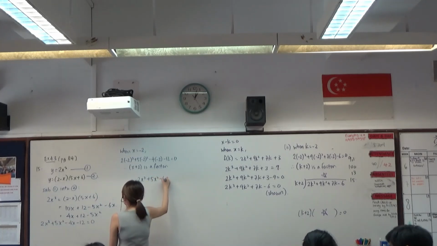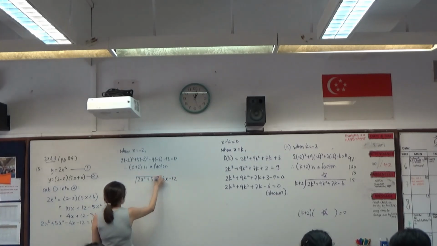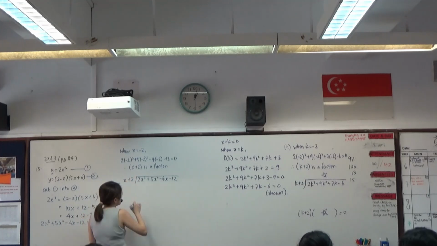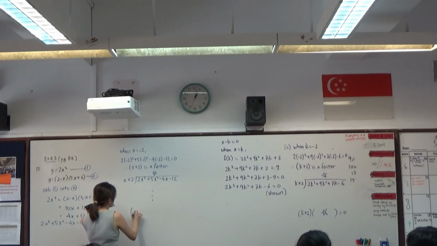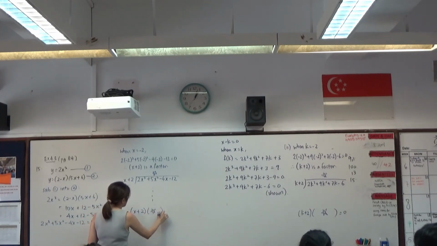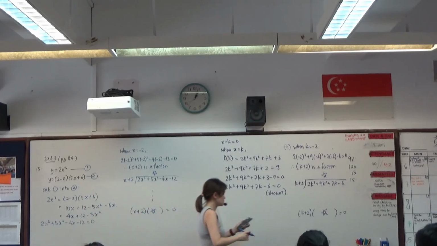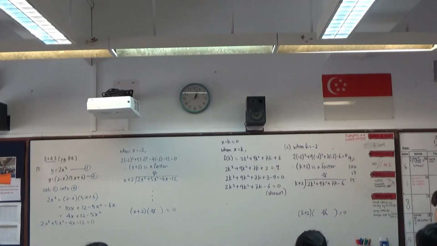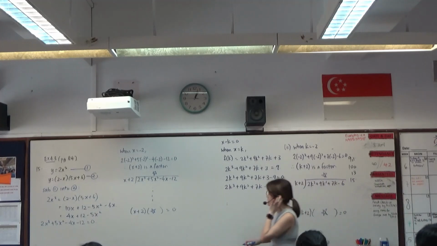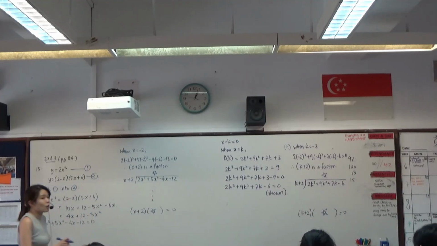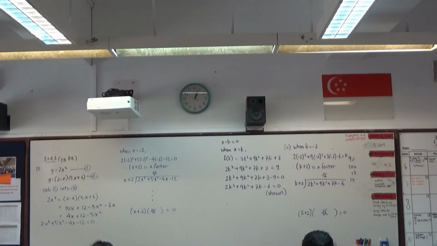So do your long division. Solve it. But in this case, the thing to take note of is that the question asks for coordinates. So it's not about finding the values of x only. Remember to find the value of y by substituting it back into one of the equations. Find the y coordinate.